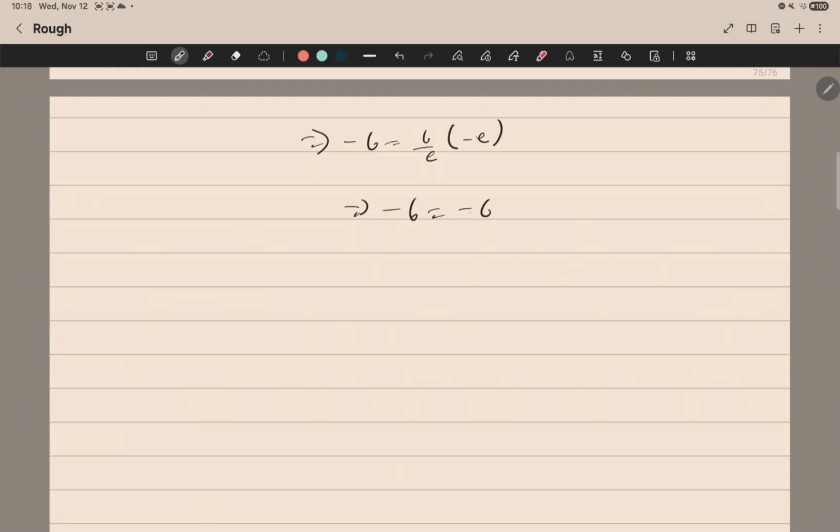Since the values are the same on both sides, it is true that the point (1, 0) satisfies the equation of the tangent line. Therefore, it is proven that the tangent passes through the point (1, 0).